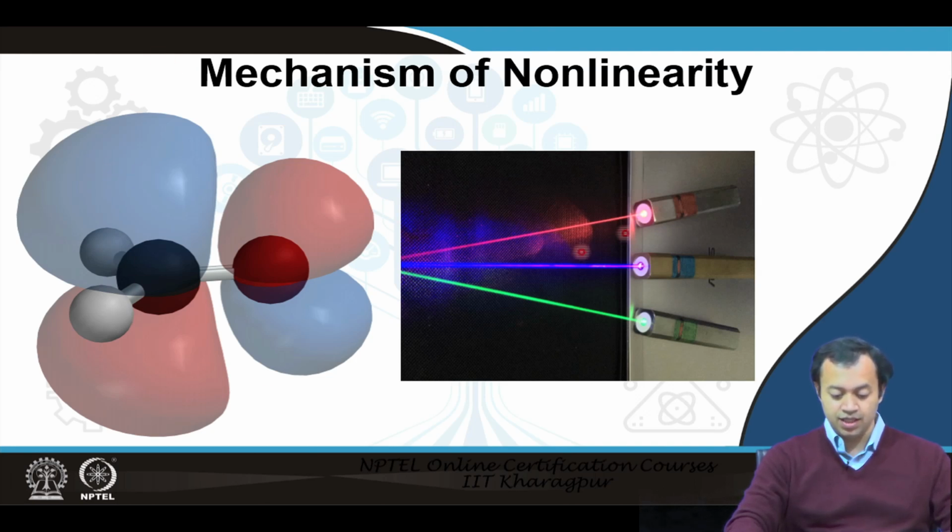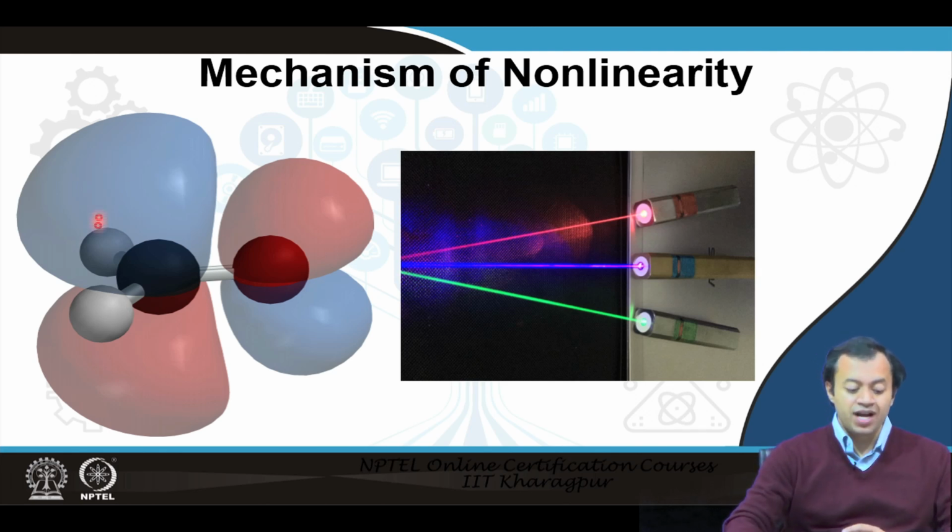But nevertheless, if we subject the electron clouds surrounding the molecule to intense laser light with specific frequencies, specific phases, specific energy values, we see a redistribution of the electron cloud around the overall molecule.